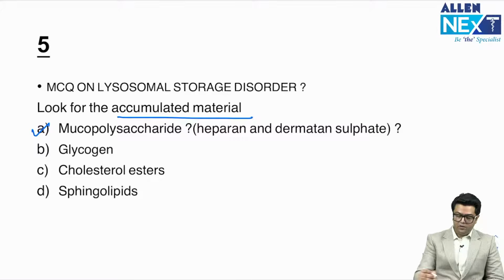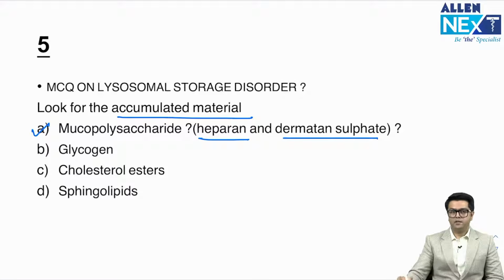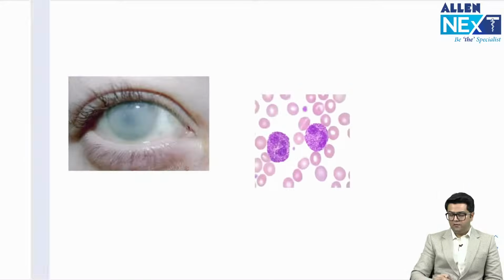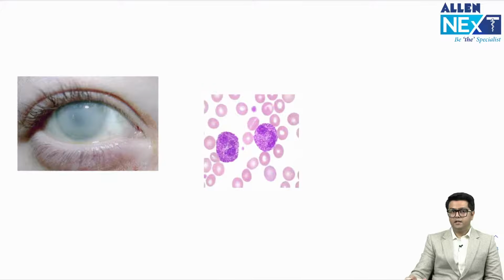So that can be number 1, mucopolysaccharides, for example heparan sulfate plus dermatan sulfate. If you see that, then that is a case of Hunter's or Hurler's disorder. The two common names that we should know are Hunter's and Hurler's.